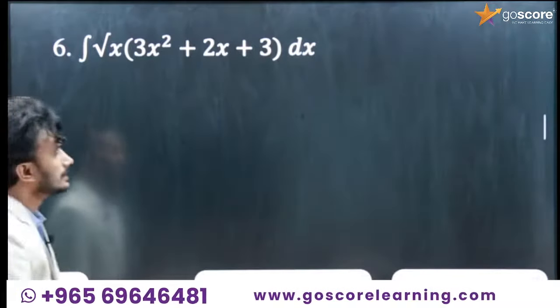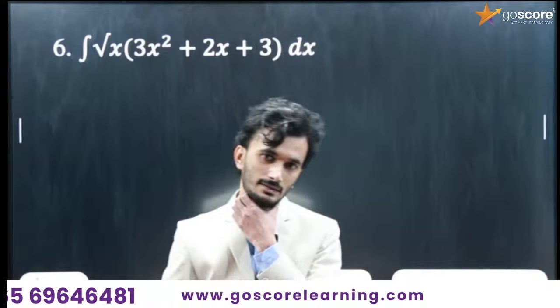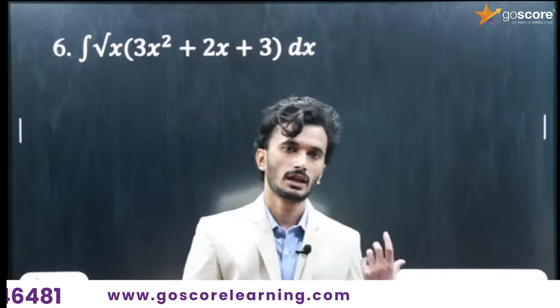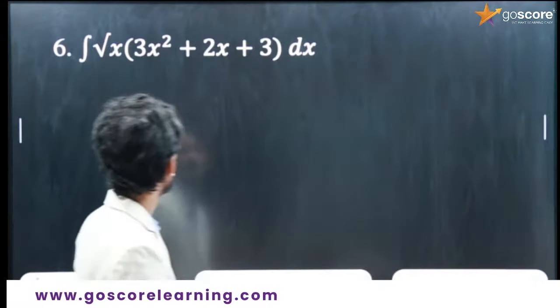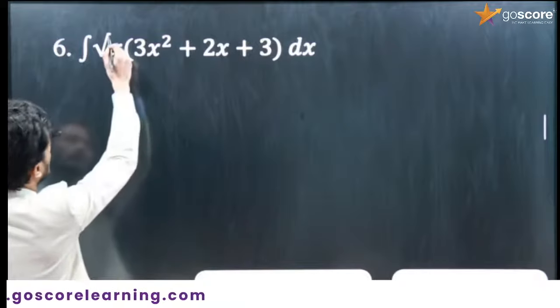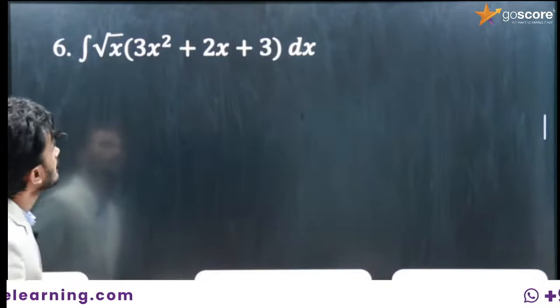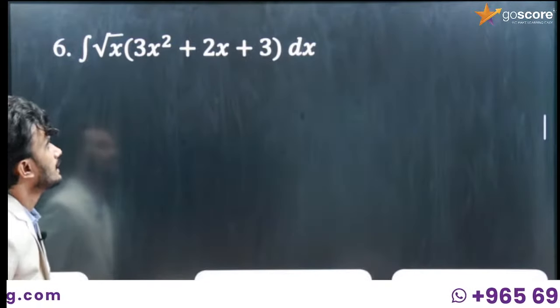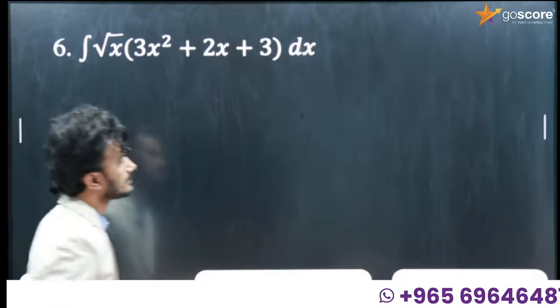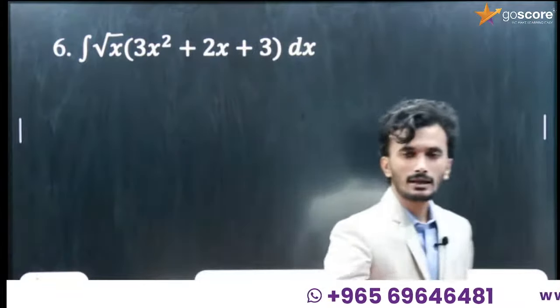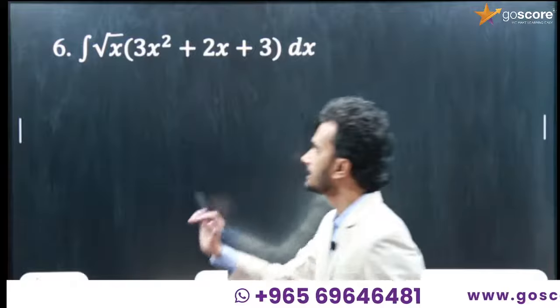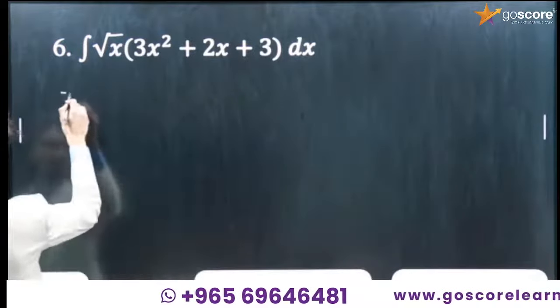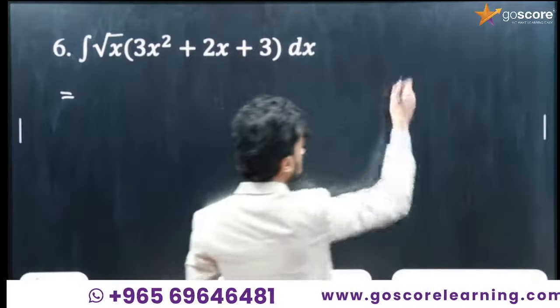Next, sixth question. How can you integrate this? Again, same concept. Integrate root x into 3x square plus 2x plus 3, then expand that bracket. Before expanding, what is root x?